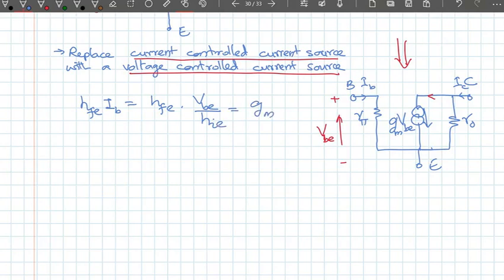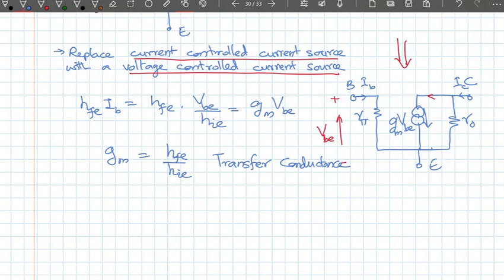Let's call this GM times VBE, where GM is HFE divided by HIE. We call this the transconductance, or the transfer conductance, and sometimes instead of a conductance we look at it as a resistance.